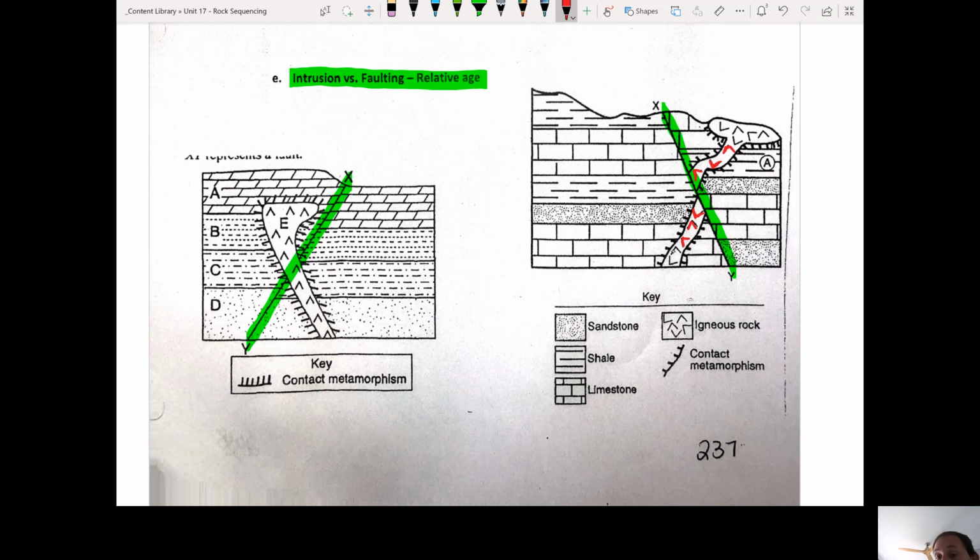The main difference between the two is that in diagram 1, the intrusion E is not broken apart. In diagram 2, this intrusion has been split apart, or faulted.